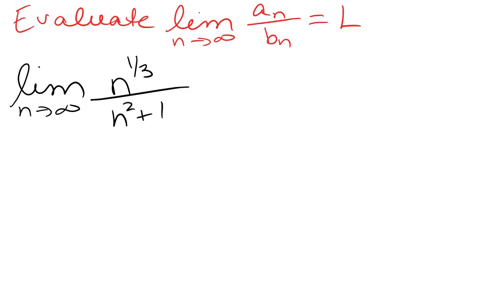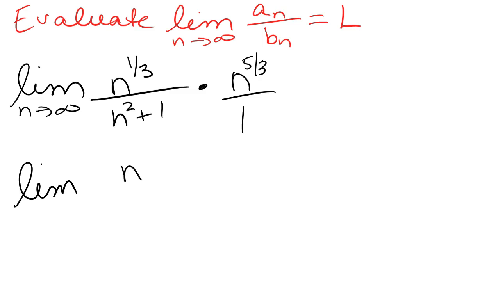But because b sub n is also a fraction, instead of dividing by the fraction, we're going to multiply by the reciprocal, which is n to the 5/3 power divided by 1. And now we're going to simplify this. This gives us the limit n to the 1/3 times n to the 5/3 gives you n to the 6/3, or n squared.